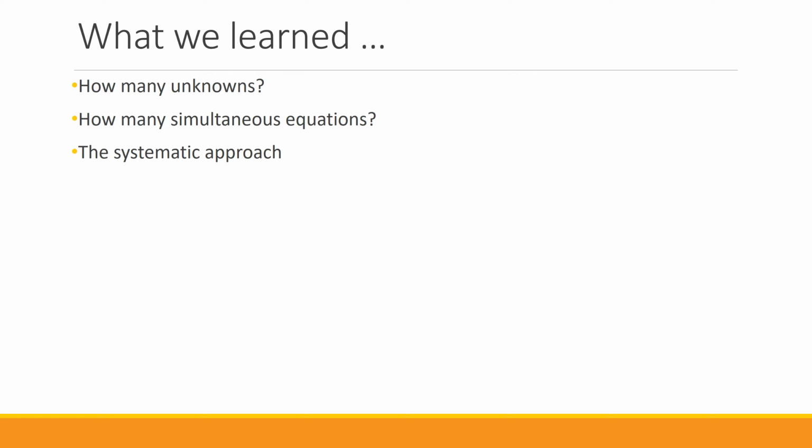So in this video, we wanted to answer this very basic question: how many unknowns do we have in the circuit? And based on the number of unknowns, how many simultaneous equations do we need to solve? Then we went through several steps of designing a systematic approach that helps us significantly reduce the number of equations we needed in order to solve electric circuits.